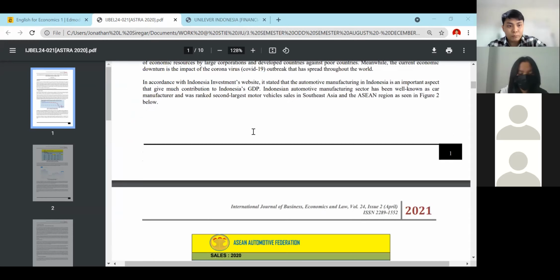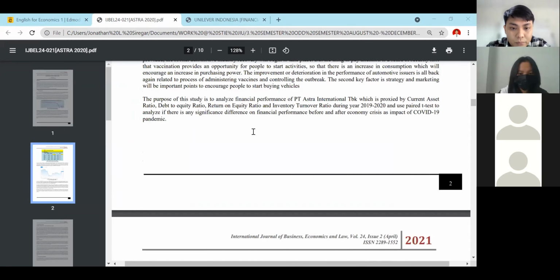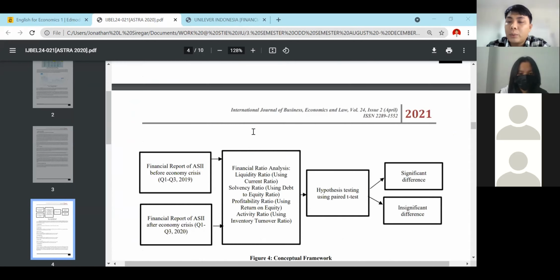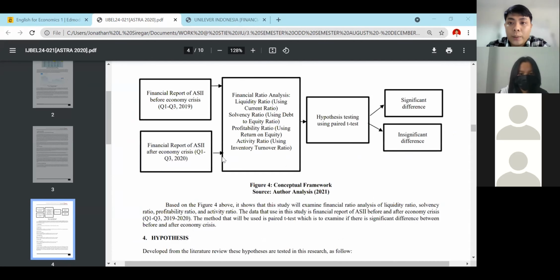Okay, we are moving on. One of the things that we can know about how they conduct their analysis, we can see from chapter 3, or we can call it the conceptual framework. As you can see, they are using all the ratios, right, class? All the ratios.